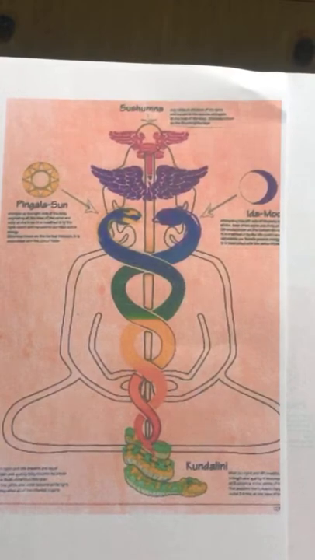Okay, up here is a different meaning. When you see the caduceus, it has a sphere on top of the two wings. What that means is it represents the brain that has so many powers that it's much larger than anything, and it also represents the sun.